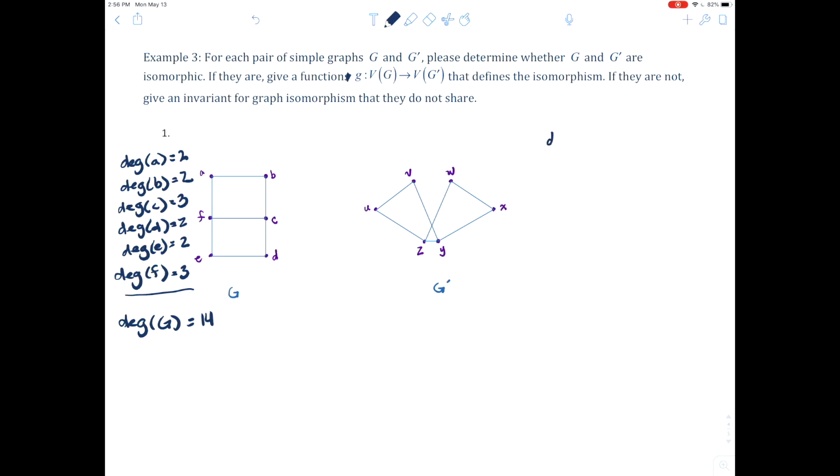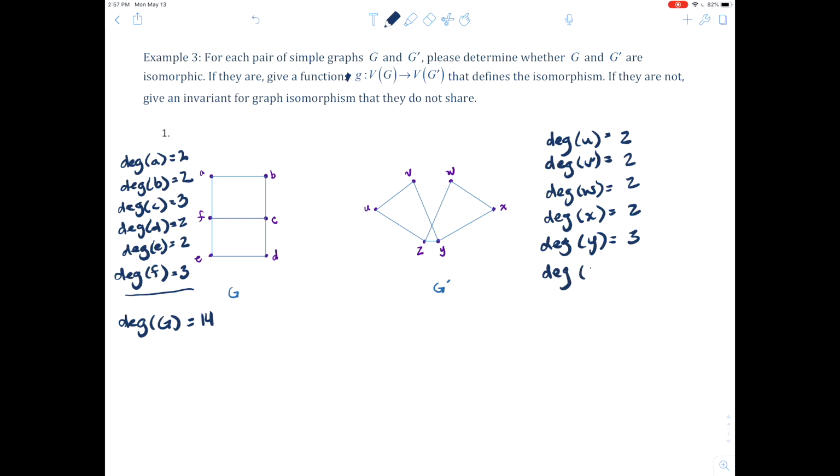Okay, so now let's look over here. The degree of U is equal to 2. The degree of V is equal to 2. The degree of W is equal to 2. The degree of X is equal to 2. The degree of Y is equal to 3. And the degree of Z is also equal to 3.